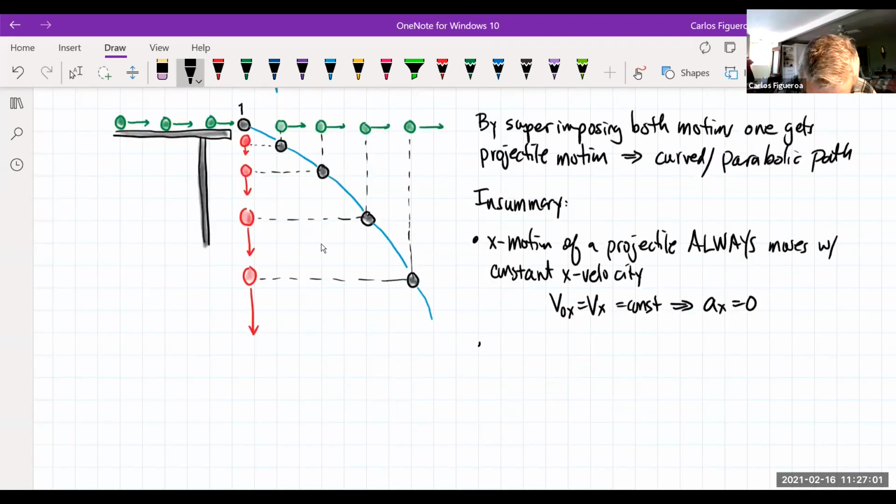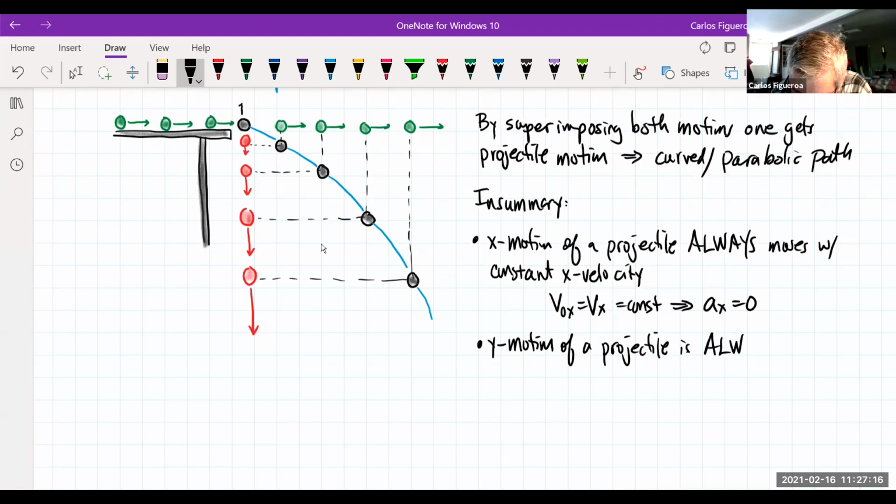And we know that the y motion of a projectile is always free fall motion.